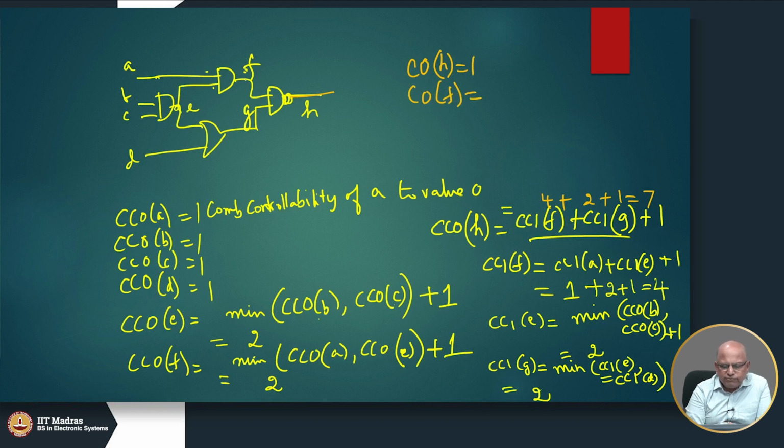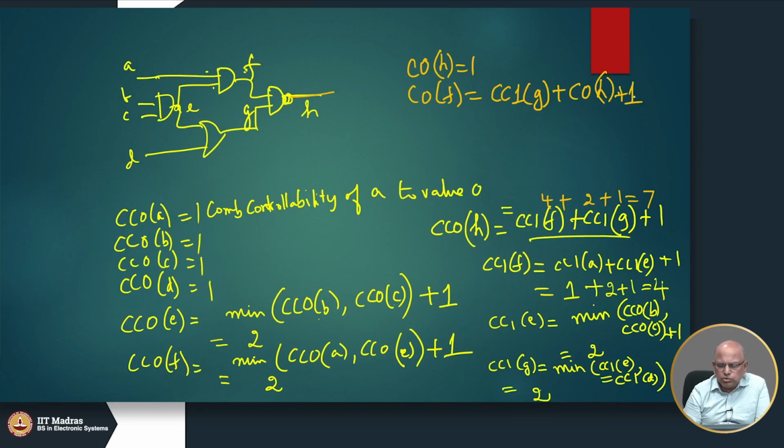To observe F, we must control G to 1, right, and then we have to observe H. Okay. So, we can say we had to do CC1 of G plus CO of H plus 1.